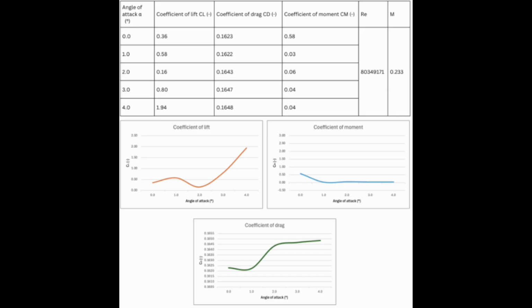Here are the numerical results. As you can see, the coefficient of lift generally increases as the angle of attack increases. The same goes for the coefficient of drag.